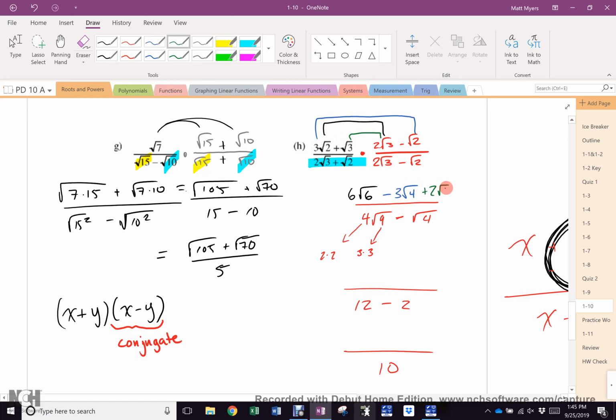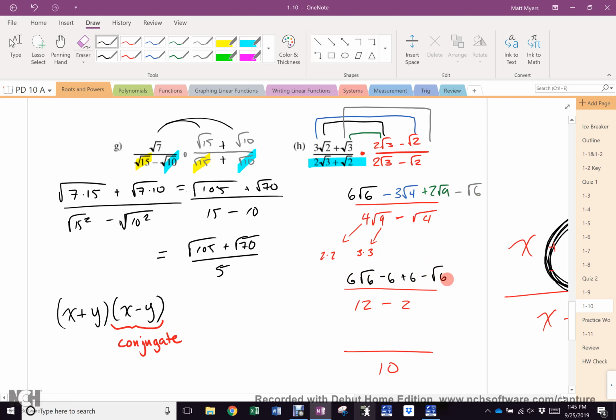Plus 2 root 9. And what is the fourth one? Minus root 6. Now, can I tidy any of that up? I have 6 root 6. What's this? Minus 6. What's this? Plus 6. What's this? Stays minus root 6.